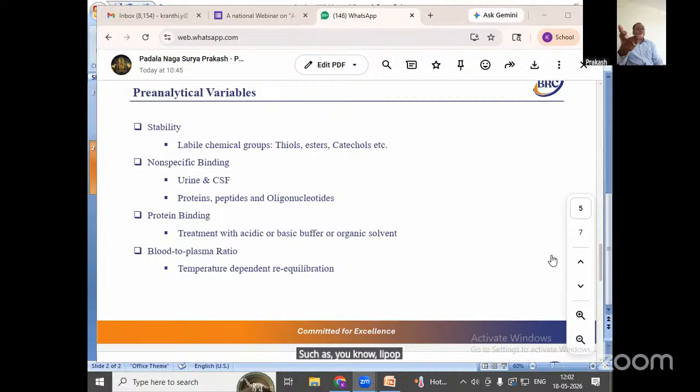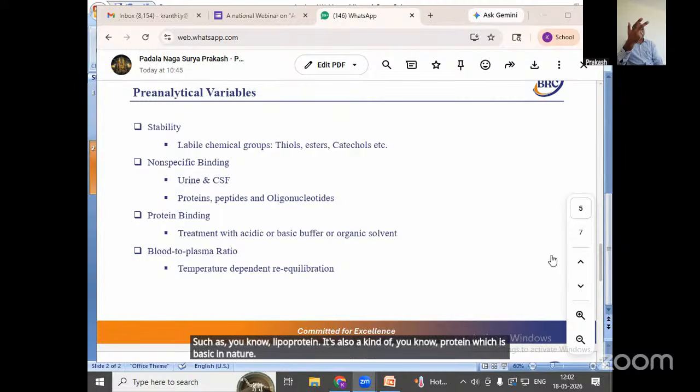It's also a kind of protein which is basic in nature. When albumin sites are completely saturated, the remaining acidic and neutral molecules would try to bind to lipoprotein. So it's the same case with basic drug molecules also.